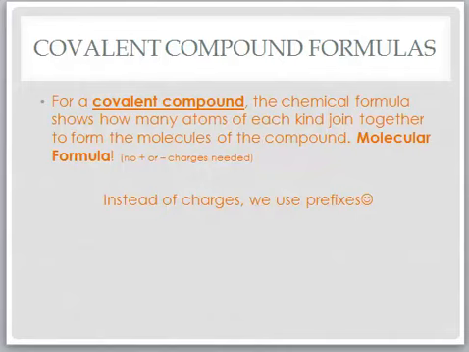So, no positive or negative charges are needed when looking at a molecular formula. It's basically just a picture of those atoms joining together to form that molecule. Instead of charges, we use prefixes.